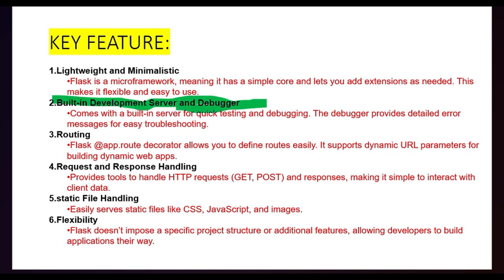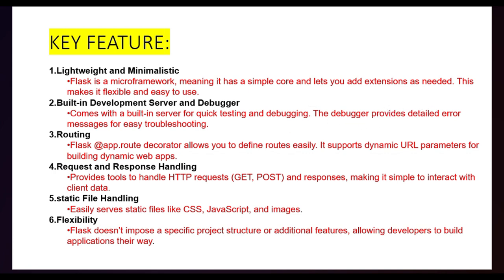It comes with a built-in server for quick testing and debugging, and the debugger provides detailed error messages for easy troubleshooting. If any error happens in the code, the server or debugger will show what the error is and help us debug by providing a detailed error message, making it easy to troubleshoot. So this is what is meant by the built-in development server and debugger.